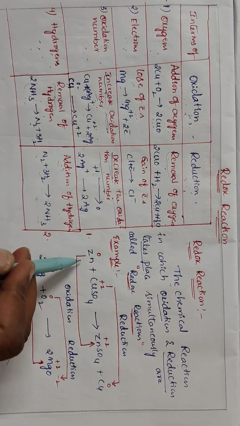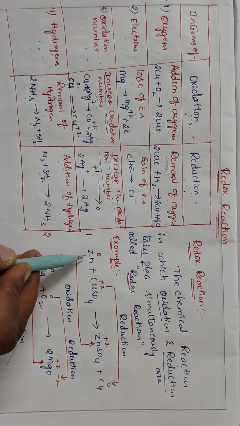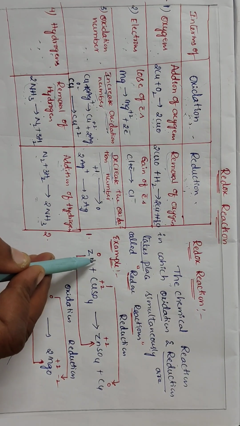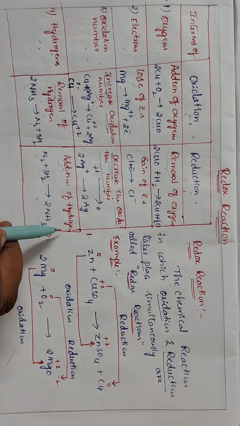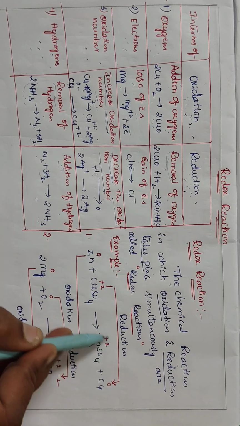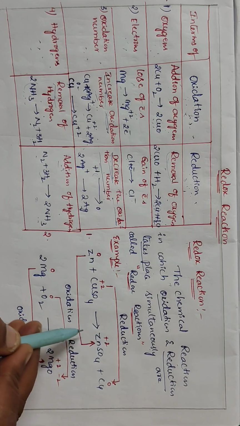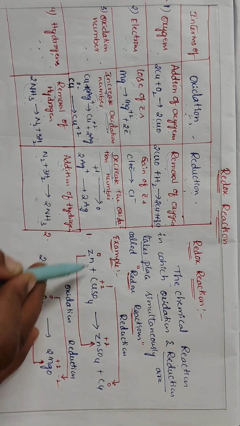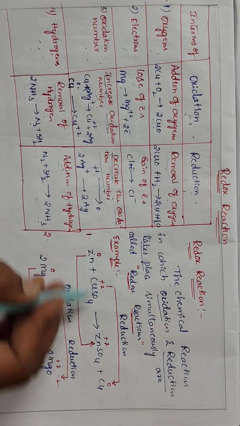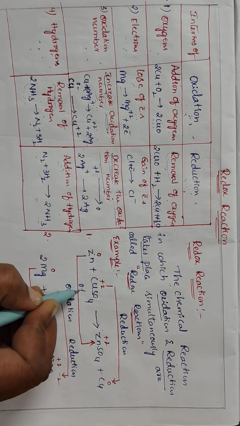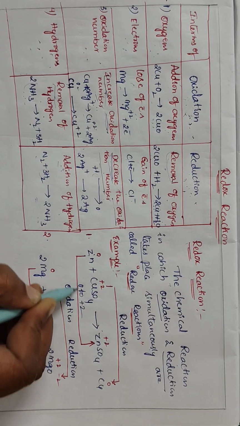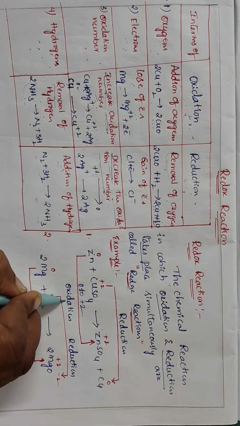See here, zinc. We are taking zinc in the elementary state, oxidation number 0. And here in the compound, zinc has +2 oxidation number. Observe, in terms of oxidation number, 0 to +2. Increase in the oxidation number is called oxidation.